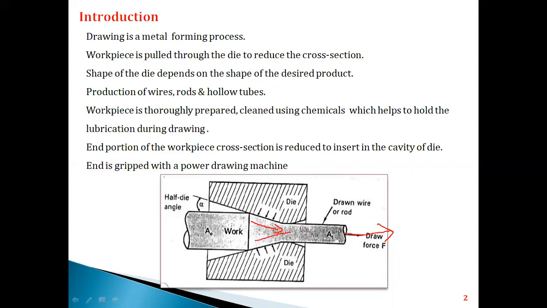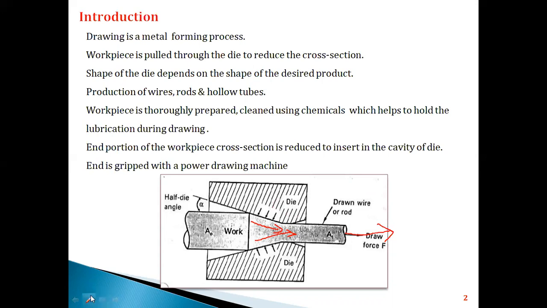Here we are getting a cylindrical shape of the desired product, depending upon the shape of the die. When preparing the die cavity, you should be very careful to get the desired product. The end portion of the workpiece plays a very important role, and it depends upon the cavity present inside the die itself.